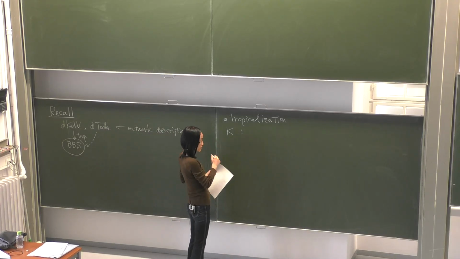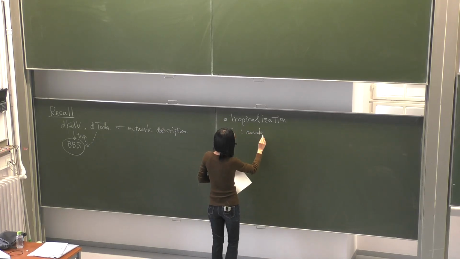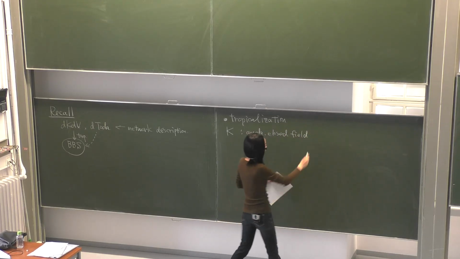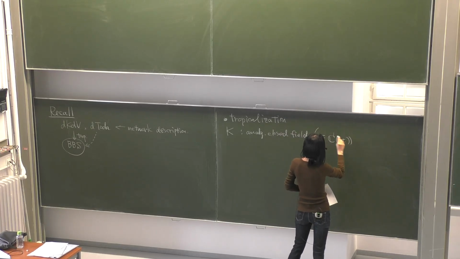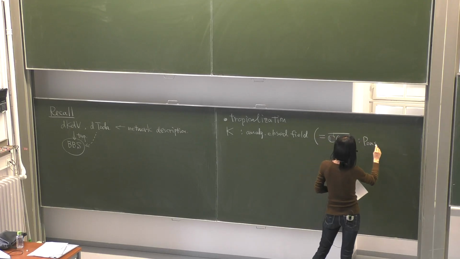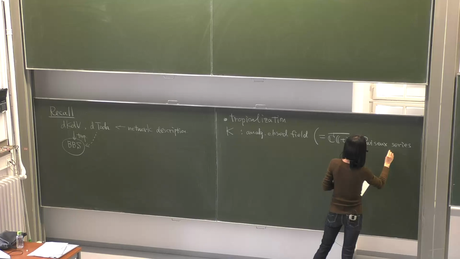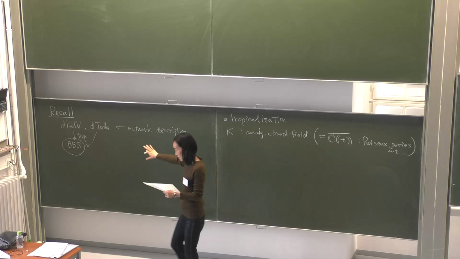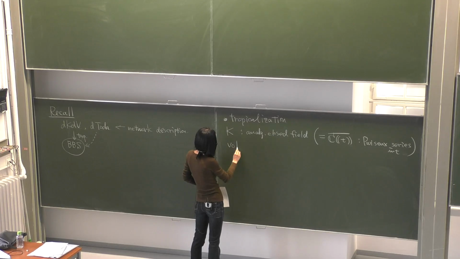Let K be an algebraically closed field, like the Puiseux series in T, for example. Here T is different from the time coordinate I used before. This is a valuation field.